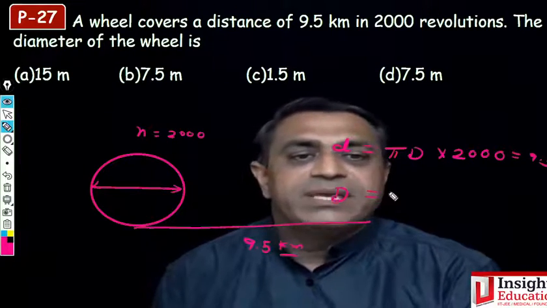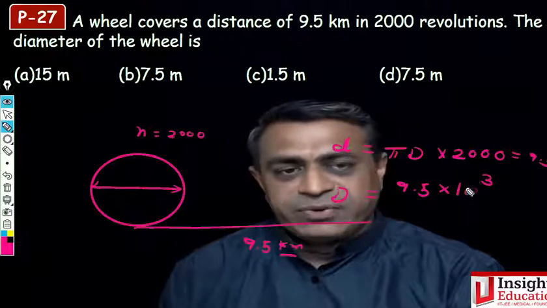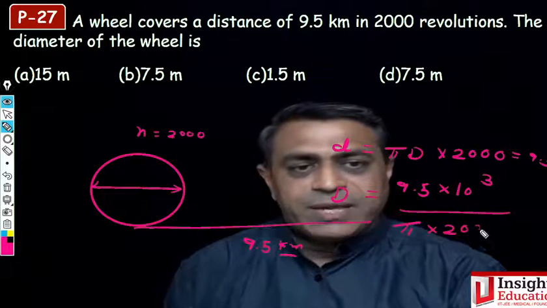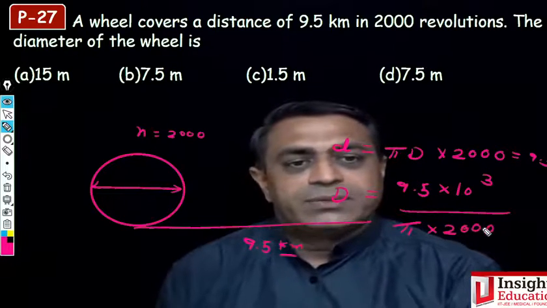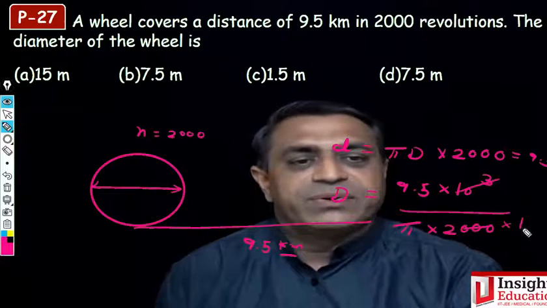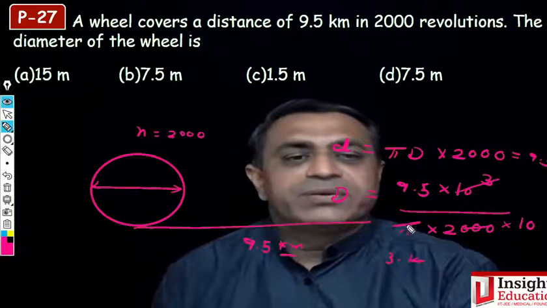So diameter d is equal to 9.5, it should be in meter, so into 10 raised to 3 divided by pi into 2000. Okay, so 1000 cancels. You can say 95, so you can say 10. So now 3.14 into 3.